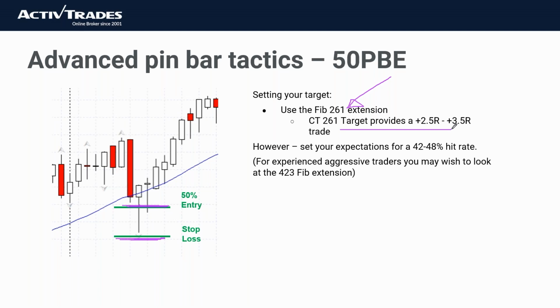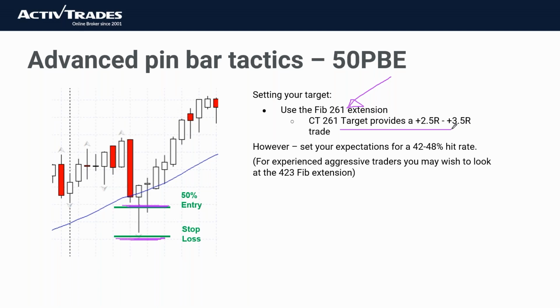That can provide me with about a plus 2.3 to 3.5 R trade in terms of reward to risk, and that's very good. But we also have to realize that your hit rate might be lower, but because you've got a really good reward to risk, you have a positive expectancy.